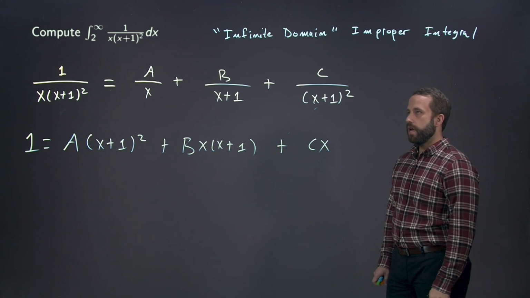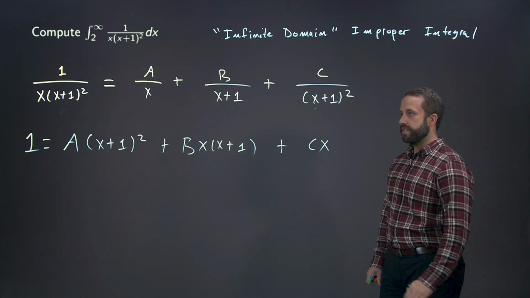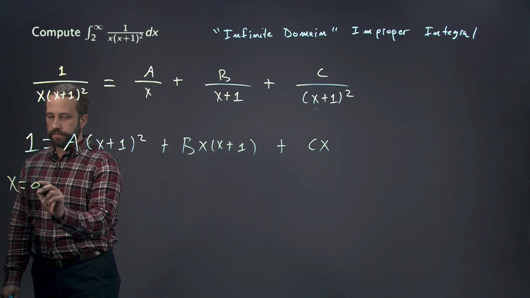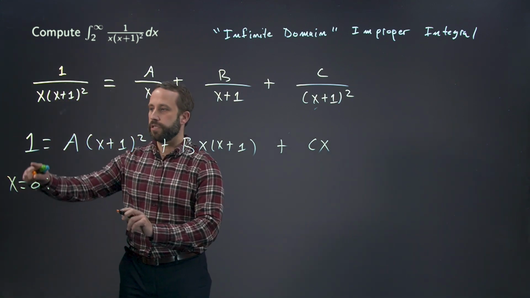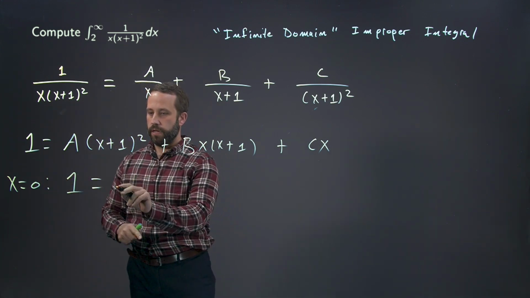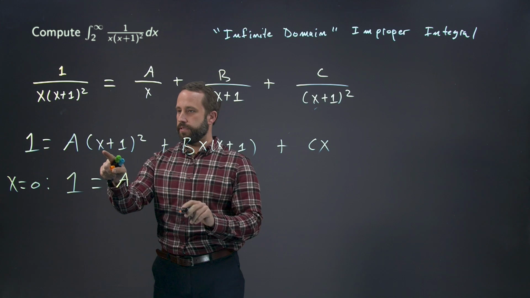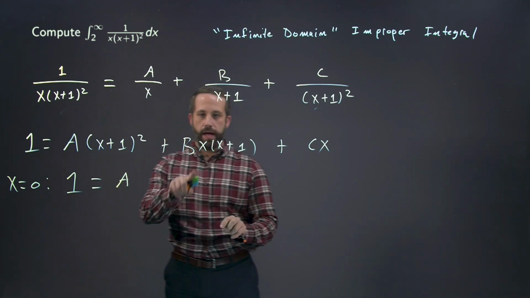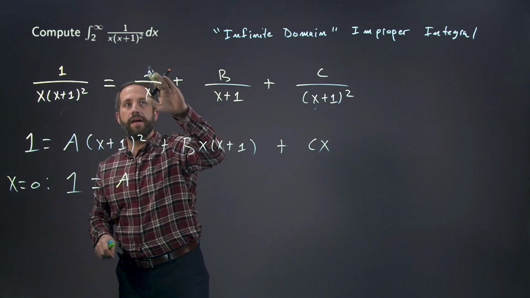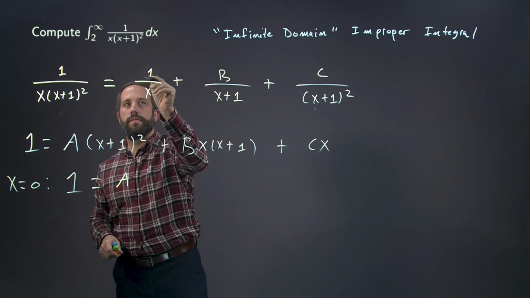Okay, so the first thing that I want to do is I'm going to set x equal to 0. If I set x equals 0, the equation becomes 1 on the left-hand side equals, well, A times 0 plus 1 is just going to be 1. B times 0 is 0. C times 0 is 0. So this tells me A is equal to 1.